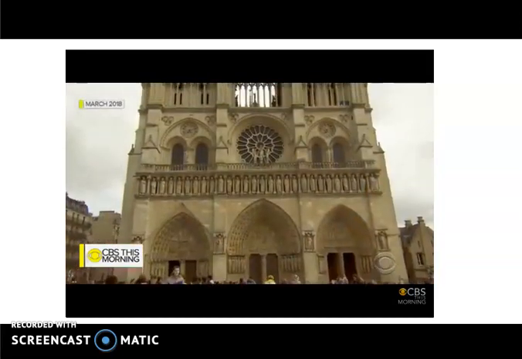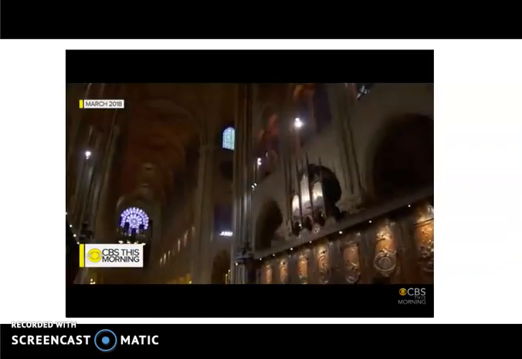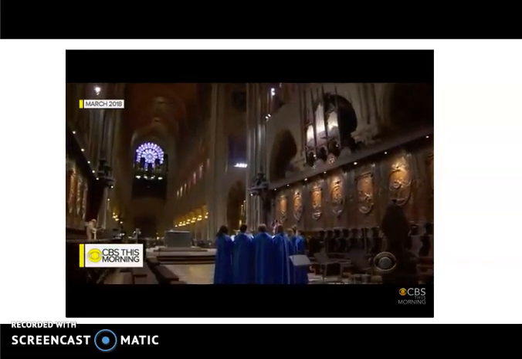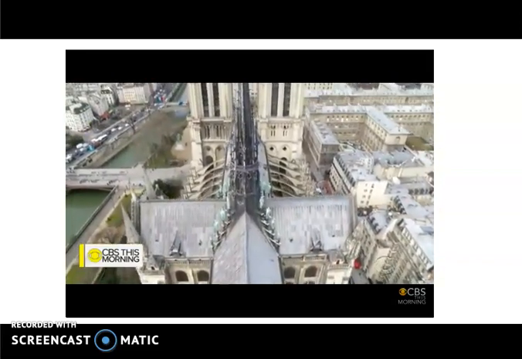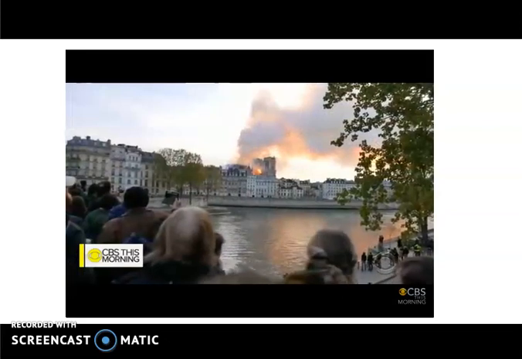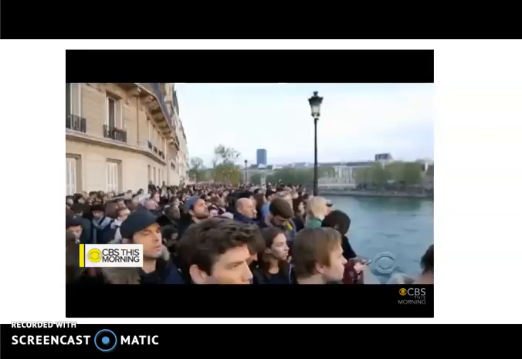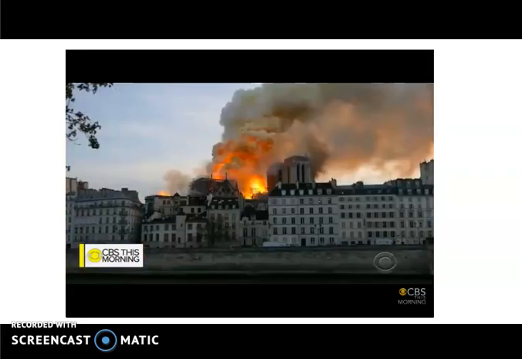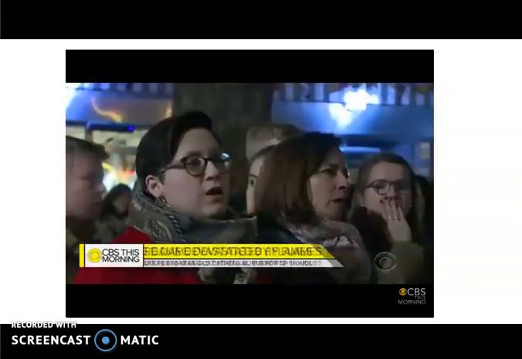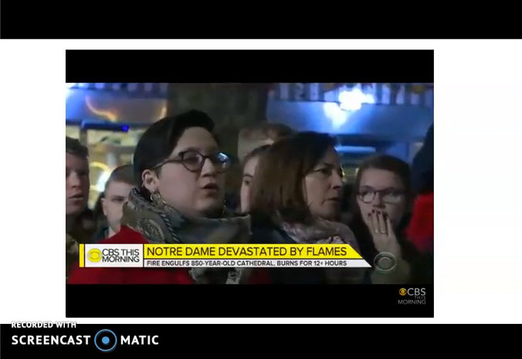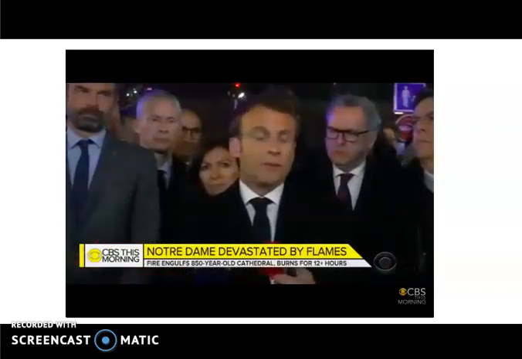Notre Dame had become one of the most popular sites in Paris, attracting about 30,000 visitors a day, around 13 million a year. During the fire, onlookers crowded onto bridges and streets, watching in horror. Powerless, some prayed or broke into song. The French president was defiant.